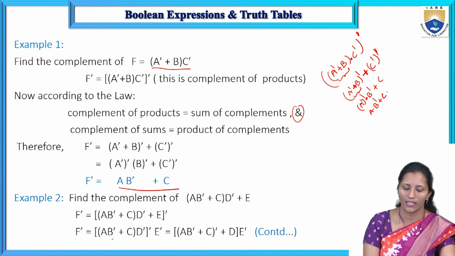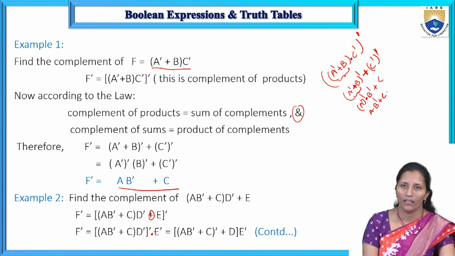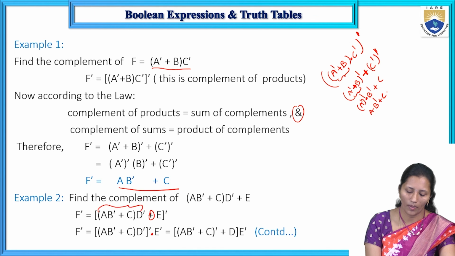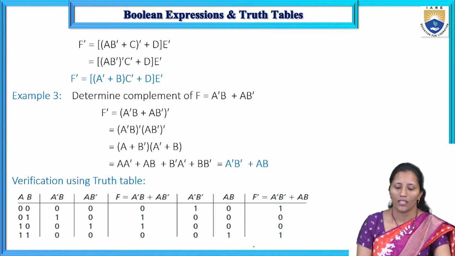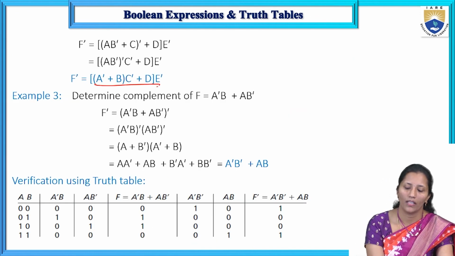So AB bar plus C. Okay. Like that AB bar plus C, D bar whole plus E whole bar means here plus is there. So that's why here we are getting dot and E complement, E bar, and this total term complement and perform individual complement. So by using De Morgan's law, we have to simplify the equation. We will get this equation.